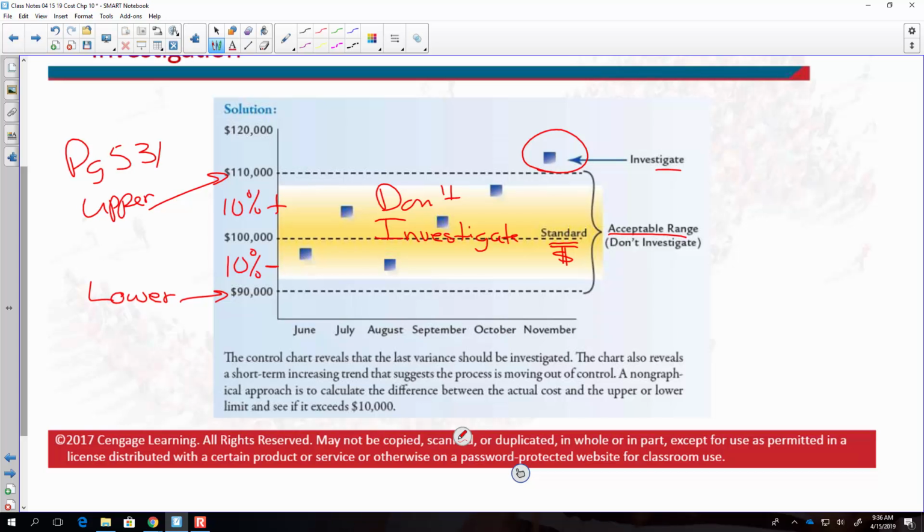So basically we have to figure out the standard, and then the book will just say, well, this is the range, 10%, 8%, whatever the range is, and then compute the upper and lower limits from that point.